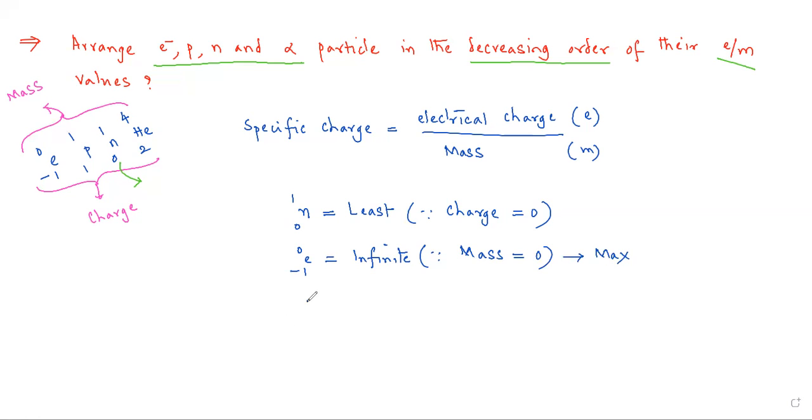Now coming to proton and alpha particle. Let us check the charge by mass of proton. What is the charge? 1. By mass 1. This is charge, this is mass. So charge by mass is 1. Coming to the alpha particle. Charge is 2, mass is 4.